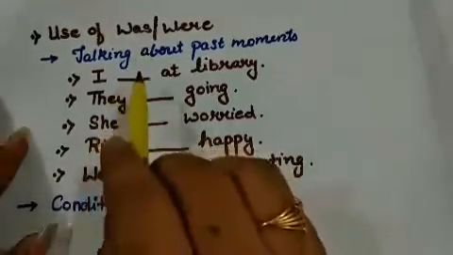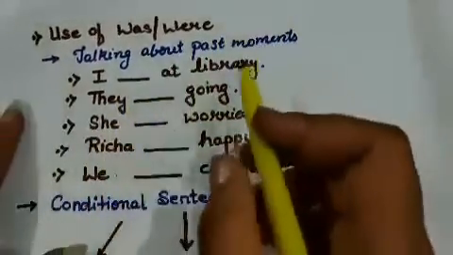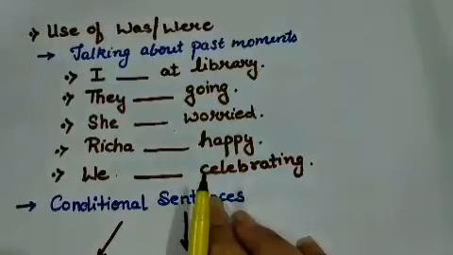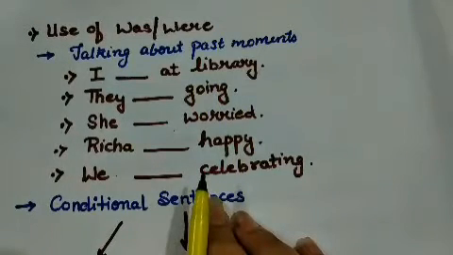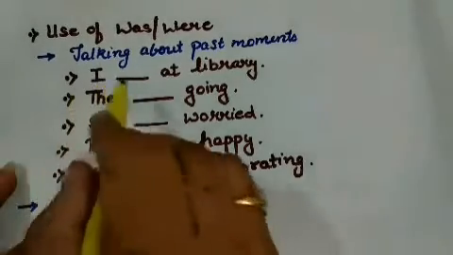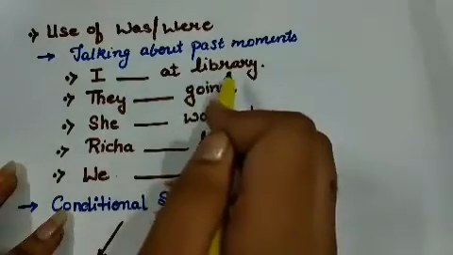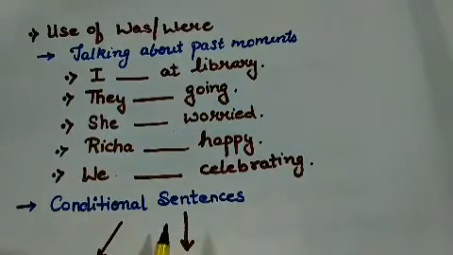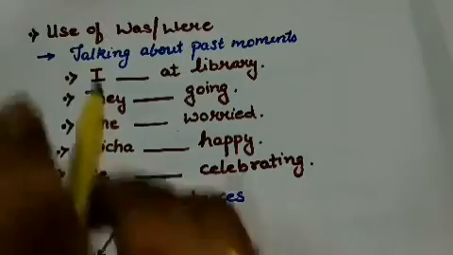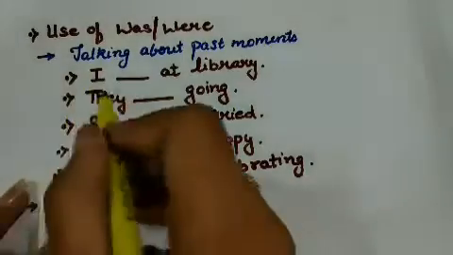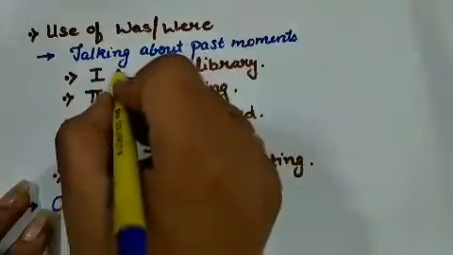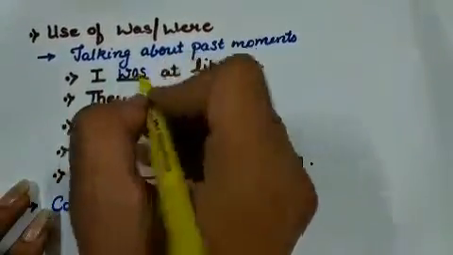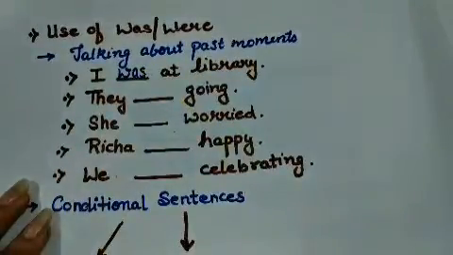So let us check out the use of was and were. See, when there is a past moment, that means something which has already happened in the past, we use was and were with them. Like I dash at library. See, I have just told you that we use was with a singular and I is a singular here. So we will write I was at library.